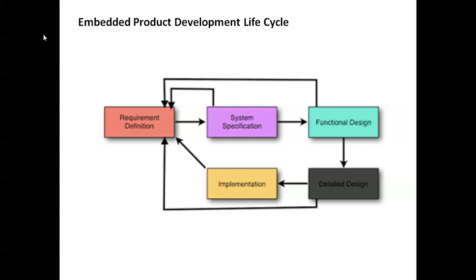And finally, once the detailed design is completed, the implementation part will start. When the implementation is over, then again the requirement definition will start. So this total cycle we can call the embedded product development life cycle.